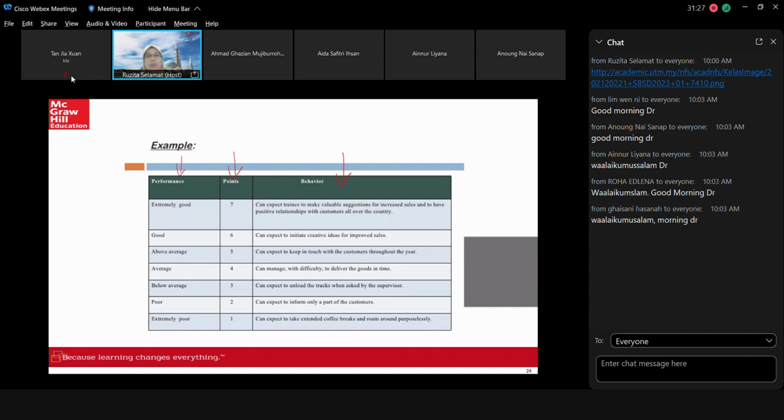Looking at the first one, this rating goes from the lowest, which is 1, to the highest, which is 7. What's the definition of 1 to 7? 1 is extremely poor and 7 is extremely good. These behaviors could be regarding trainees at the workplace.